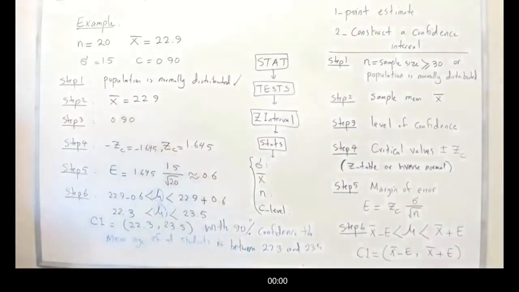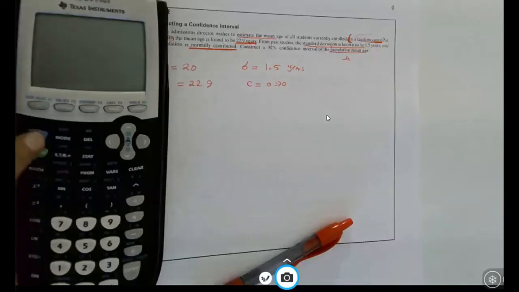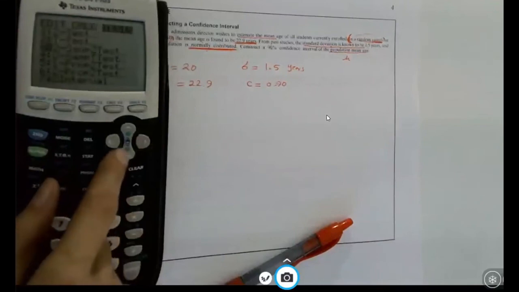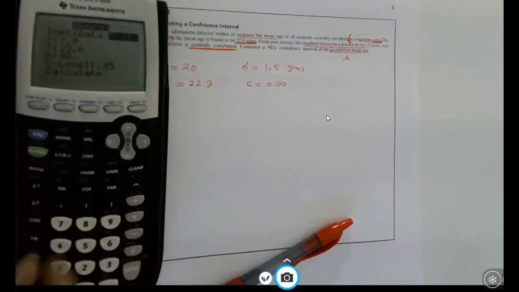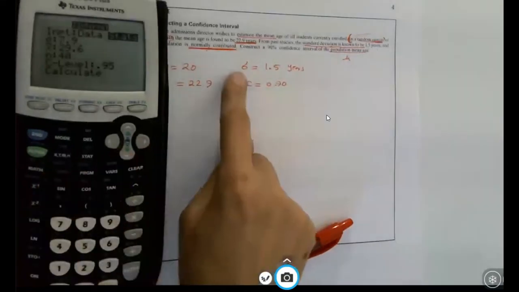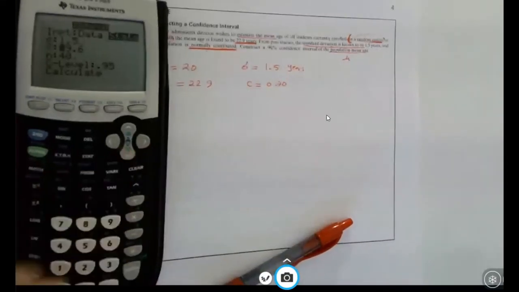Well done. Let's take a look at our calculator. So we go to stat, let's turn on the calculator, let me clear the whole thing. We go to stat, we go to tests, and we find Z interval. Very well, we need stats. Sigma is 1.5.